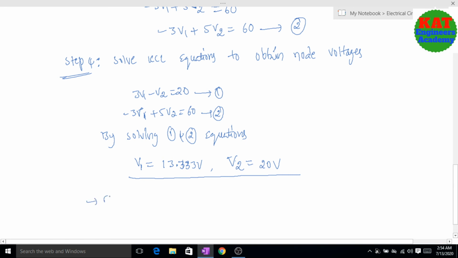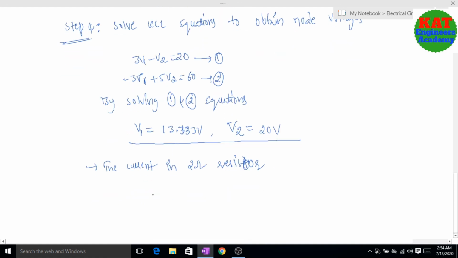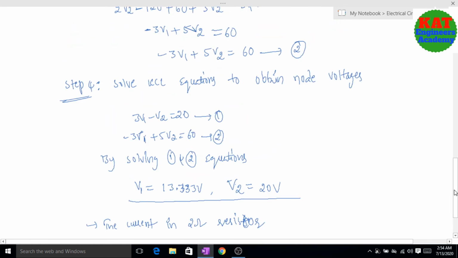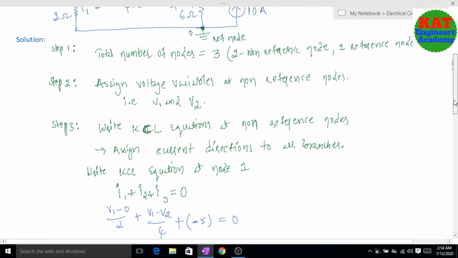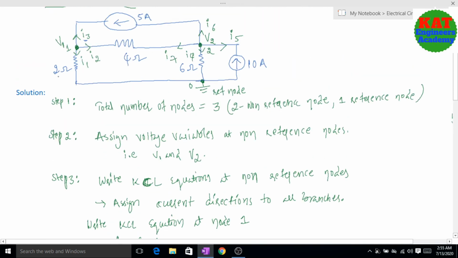First, the current in the 2 ohms resistor is I1, which is V1 minus 0 by 2. V1 is already calculated, so you have to substitute.